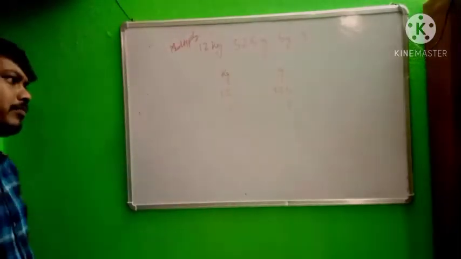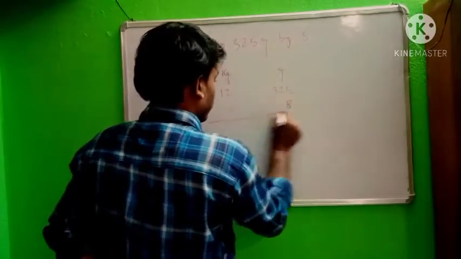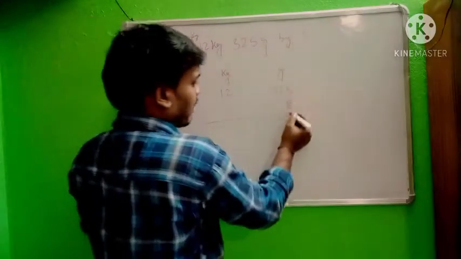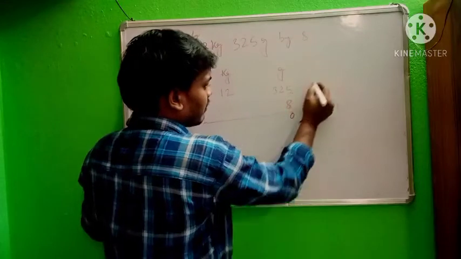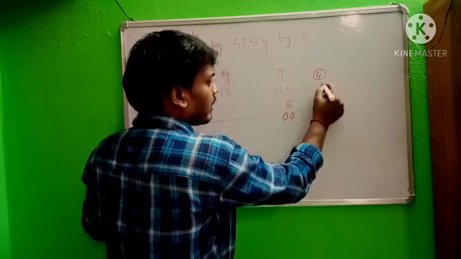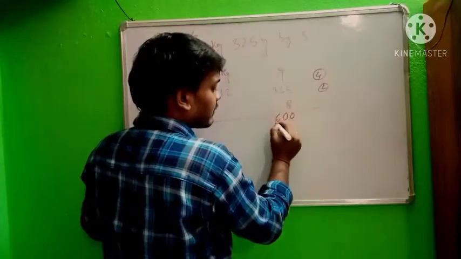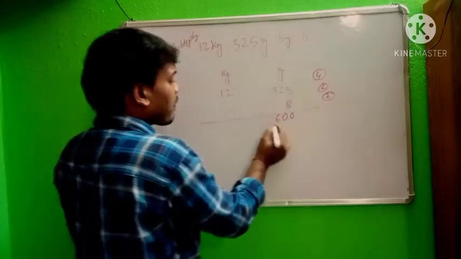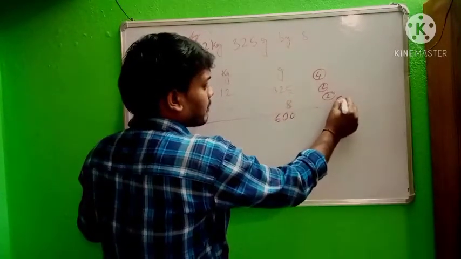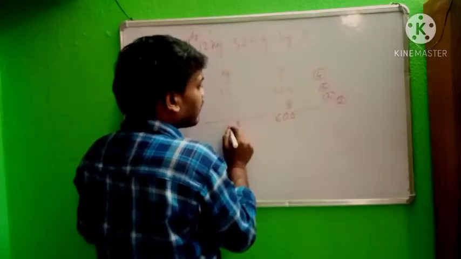Okay, so 3 to 5 multiplied by 8. Then as usual multiplication: 5 times 8 is 40, 0 carry 4; 8 times 2 is 16 and 4 is 20, carry 2; 8 times 3 is 24, and 2 is 26, carry 2; 8 times 2 is 16 and 2 is 18, 8 carry 1; 8 times 1 is 8, and carry 1 is 9.